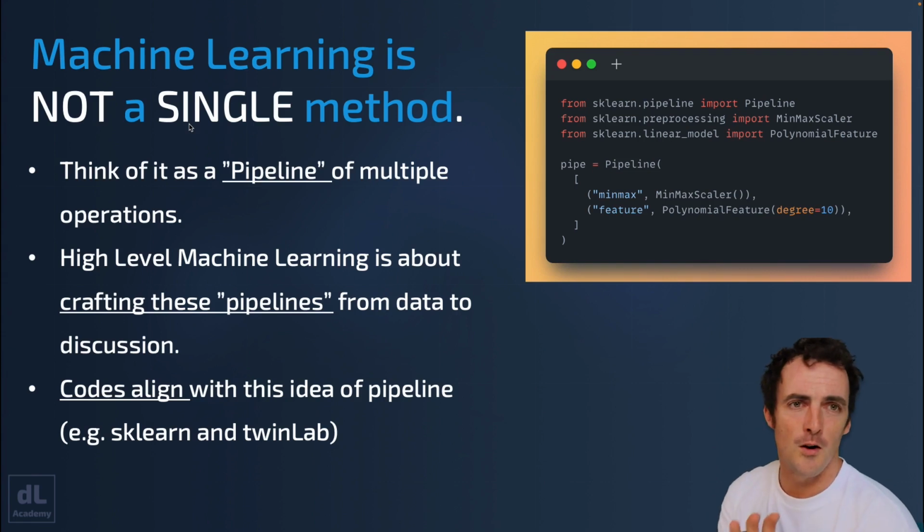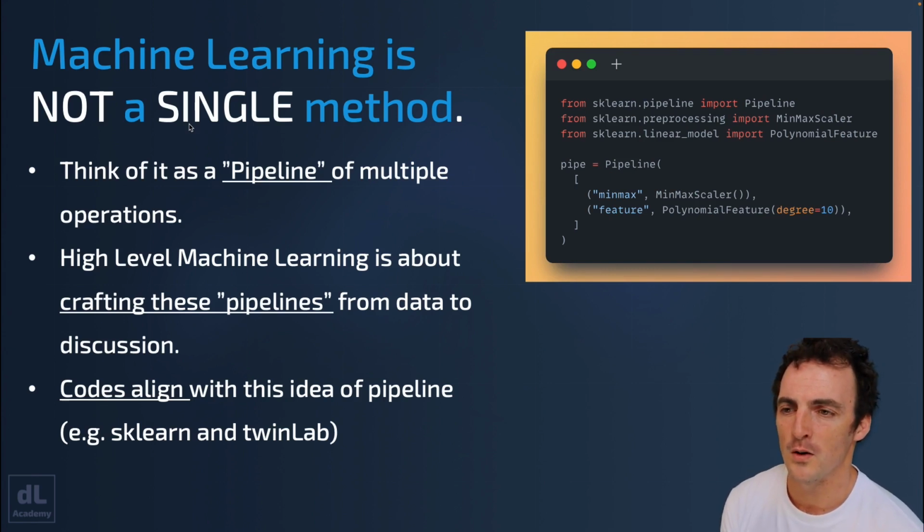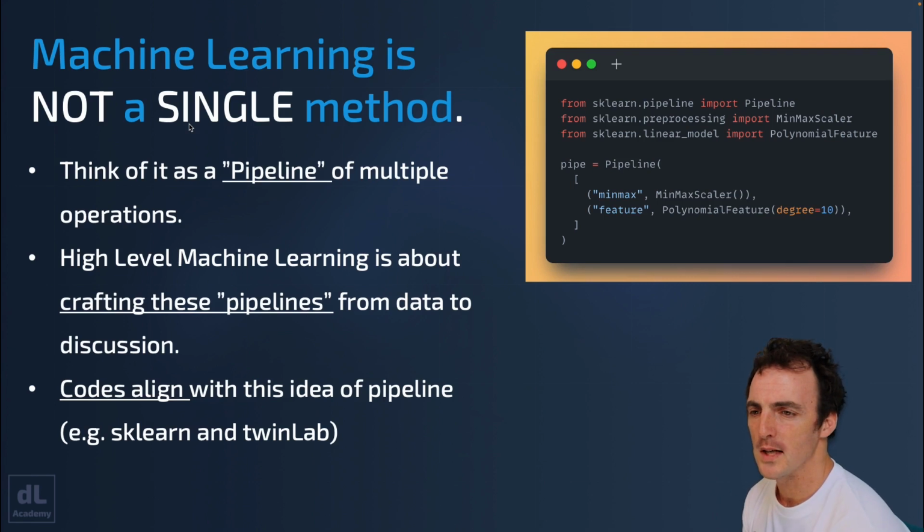I like this idea of a pipeline, and that's probably driven by the fact that in scikit-learn, they have something called a pipeline. Here's a snapshot of code. What this shows is you can build sequences of different algorithms. In this little snippet of code, it's got something called a min-max scaler, so you're rescaling all your input data to 0, 1 based on the min-max values in the data set.